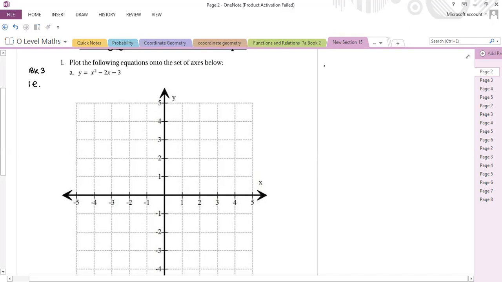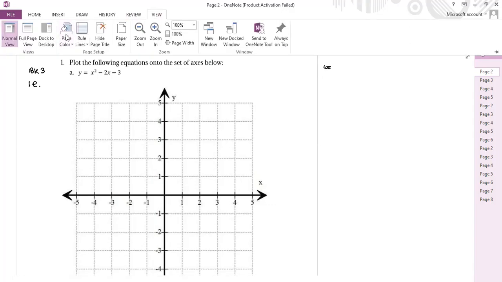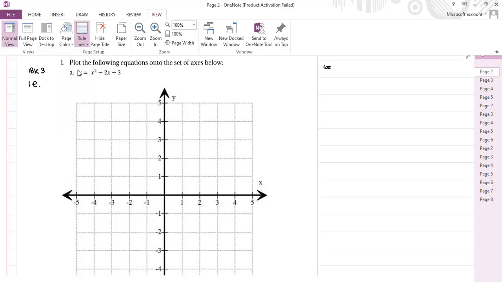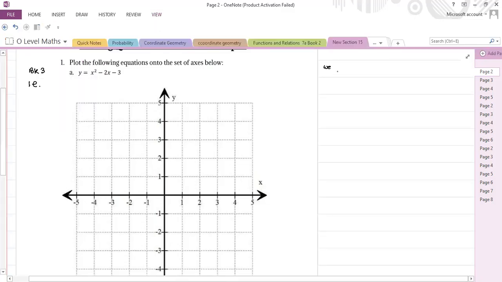So we calculate the solution set. x squared minus 2x minus 3.